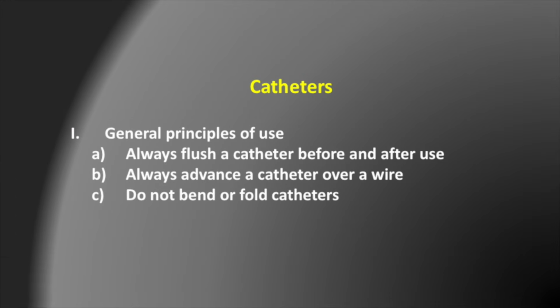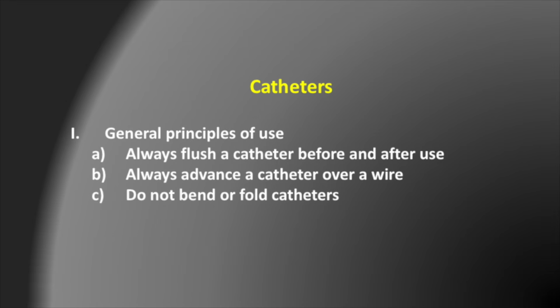As you continue on your journey in IR, you're going to develop a lot of skills. But as you are beginning, there's a couple important things to keep in mind about catheters. You always want to flush a catheter before and after its use, because while they're being used, they can develop debris or thrombus inside them, and you don't want to insert this back into the patient.